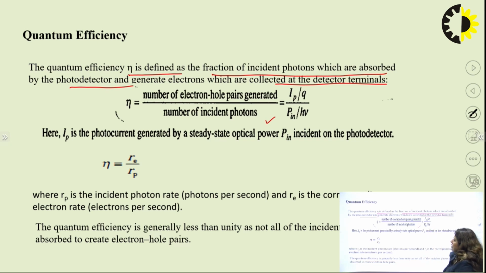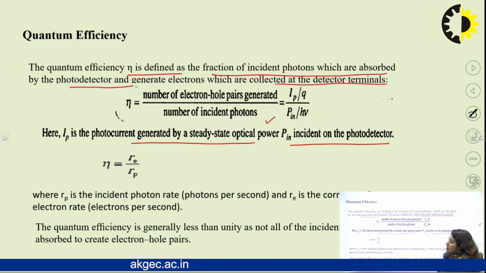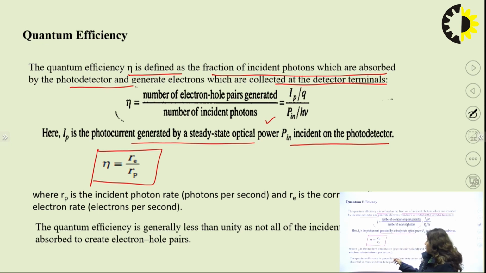With this formula we can calculate the value of eta. If we know the value of IP, P in and wavelength, we can easily find the quantum efficiency eta. Here IP is the photocurrent generated by steady state optical power P in incident on the photodetector, and eta is also given by Re upon Rp, where Rp is the incident photon rate, photons per second, and Re is the corresponding electron rate.